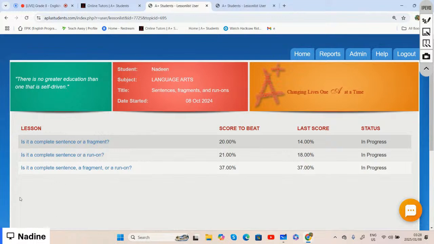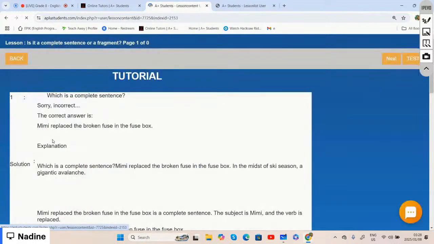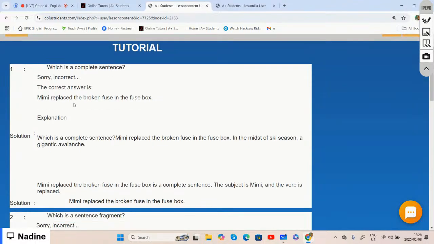All right, so we're going to the first one where we say, is it a complete sentence or is it a fragment? And remember, if we have a complete sentence, it needs to have a subject and it needs to have a verb in order to be a complete sentence. Here it says, Mimi replaced the broken fuse in the fuse box.